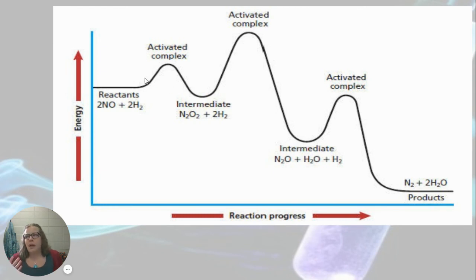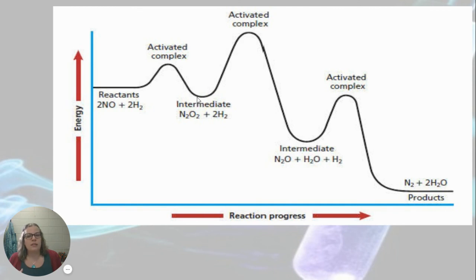And then I cannot imagine a world where they're going to have you draw the exact energy changes for each of these. But because there's 3 steps, we have 3 humps on our graph here. This is the first energy step, the second, and the third. And you might notice on here that the second one has the biggest activation energy. Our slow step is always the one with the biggest activation energy.